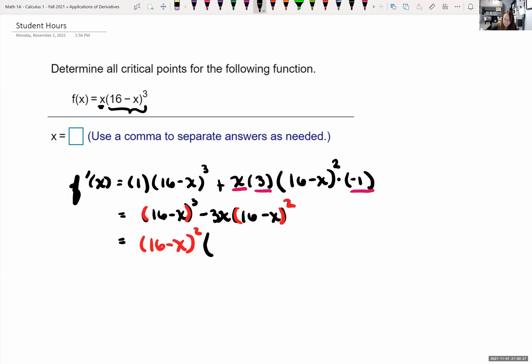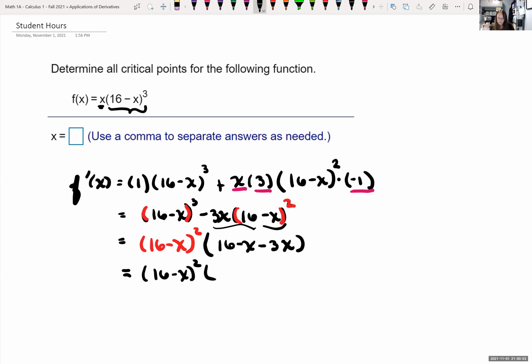If we pull out a 16 minus x quantity squared from 16 minus x quantity cubed, we're left with one of them, 16 minus x. And then from the -3x times that, we're left with minus 3x. And so we have 16 minus x quantity squared.